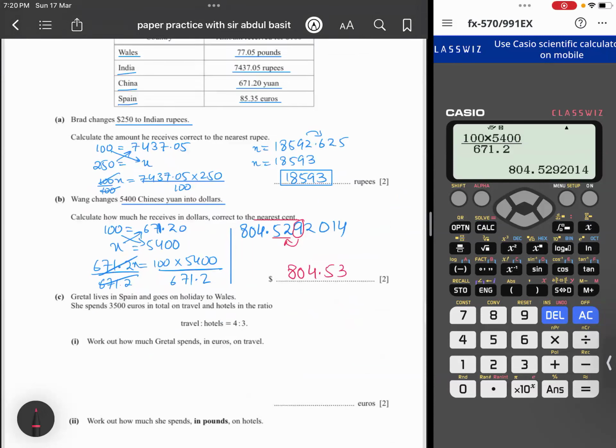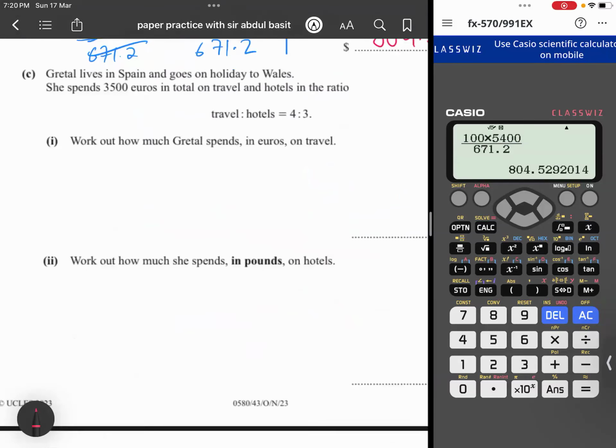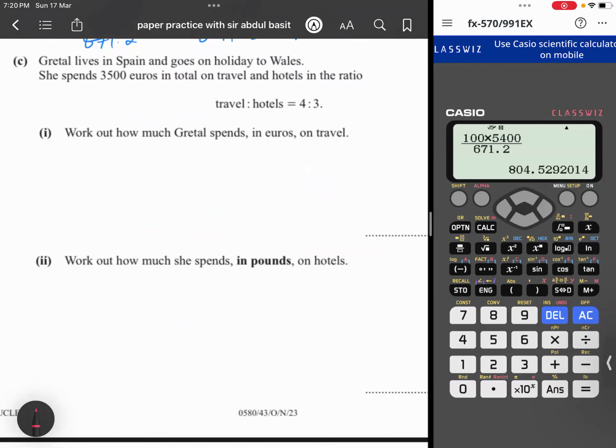Then they say that Gretel lives in Spain and goes on a holiday to Wales. She spent 3,500 euros in total on travel and hotels in the ratio. Work out how much Gretel spent in euros on travel. So, beta, first of all, we have to add the ratio. Total is 7.